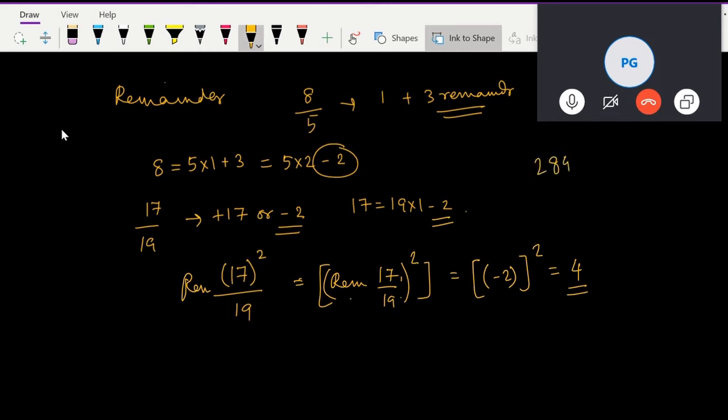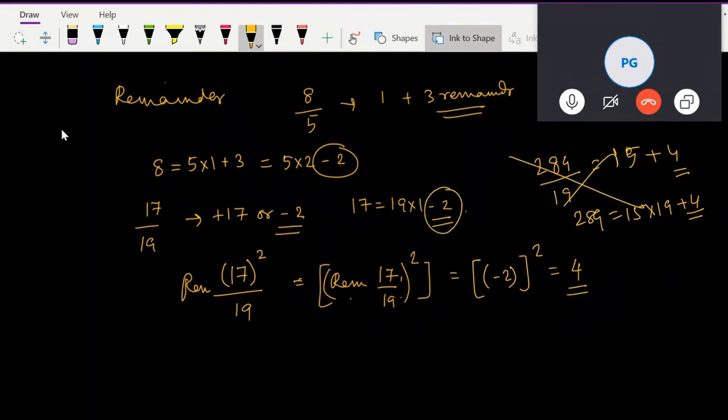You do this 289 by 19. This would be 15 plus 4 remainder. Correct? 289 is 15 into 19 plus 4. So remainder is 4. But I did not do any of this. I just used this concept to bring out the remainder directly.